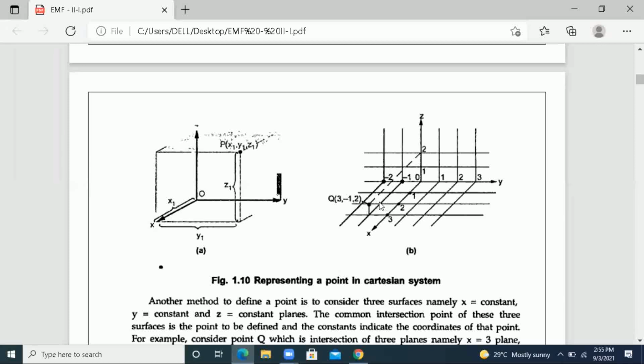This is the -1. So that plane lies in the x, z. And the z equal 2 plane lies in the xy. So the intersection is right there, and that's your point.